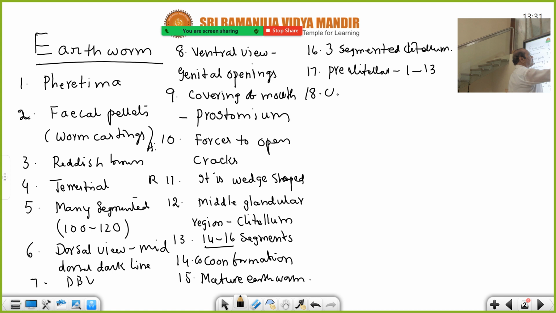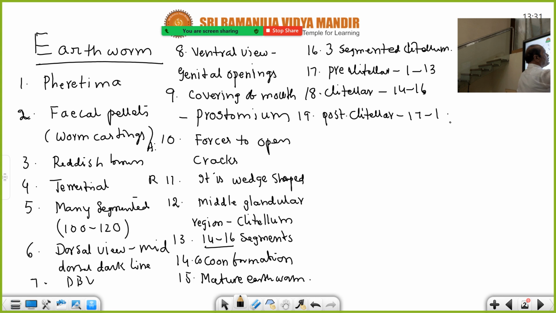Clitellar region: 14 to 16, and post-clitellar region, that is 17th to the last segment.